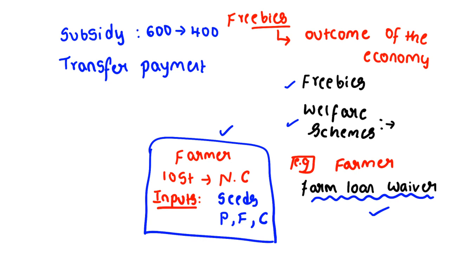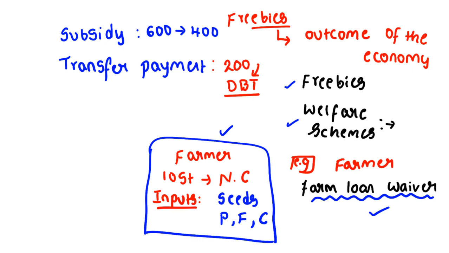The 200 is the subsidy. Then what is a transfer payment? In a transfer, the 200 rupees is directly credited to your account, DBT. You pay 600 and the government gives you 200 rupees. That is called a transfer payment. Here the government credits the amount to your account through DBT.